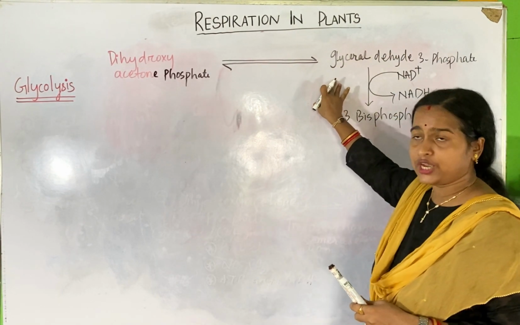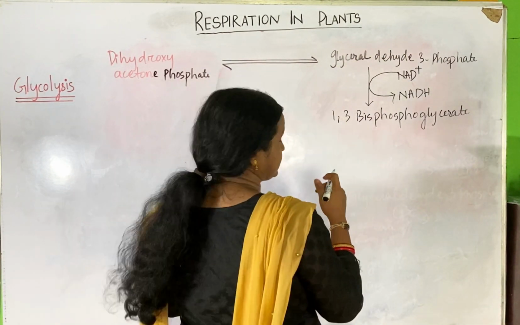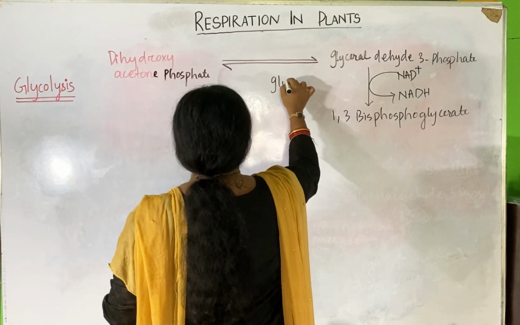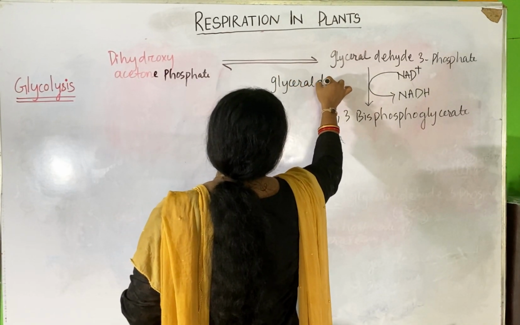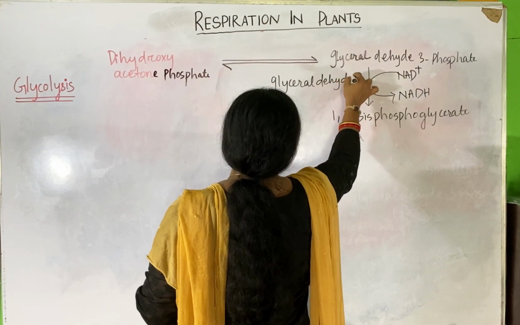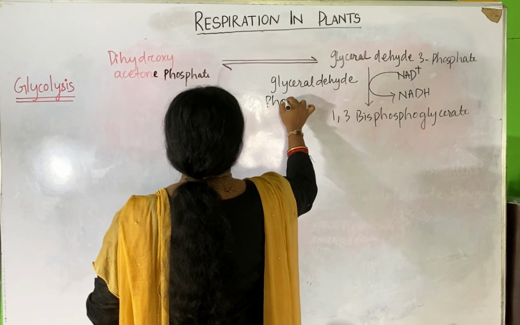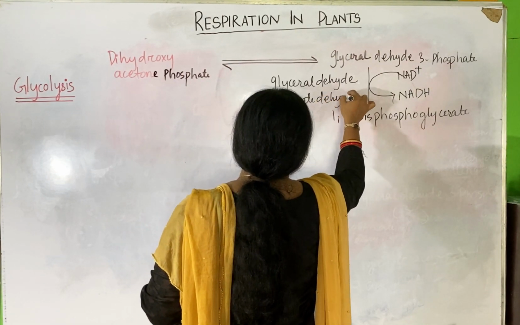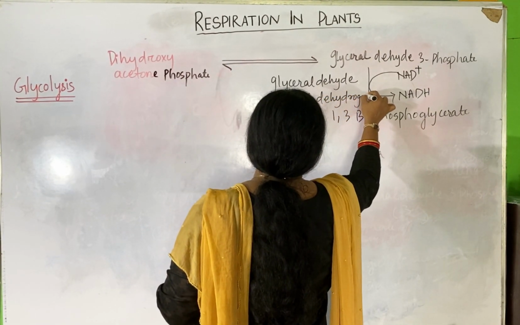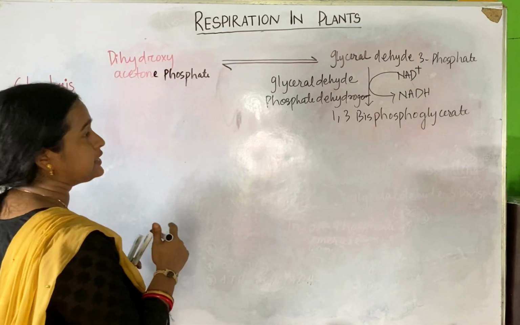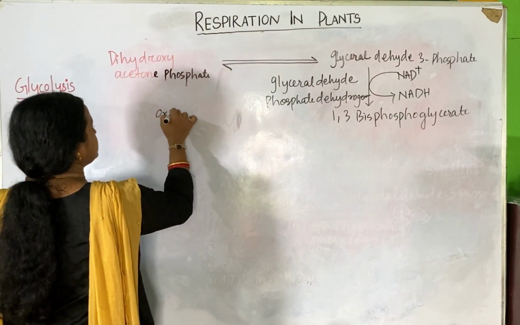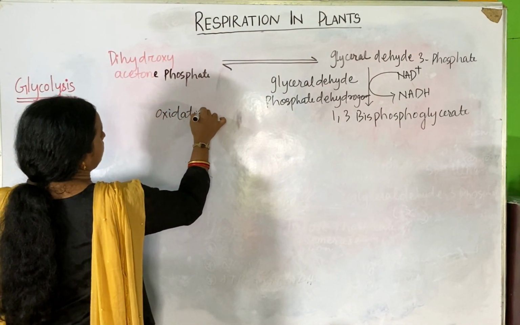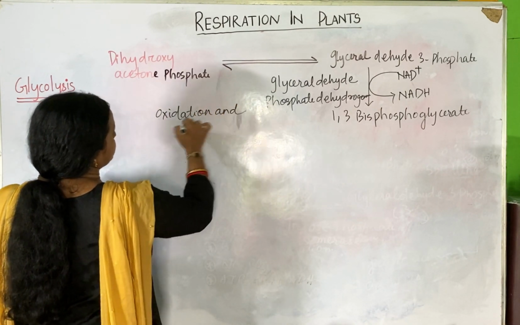And the enzyme that is required for this conversion is called glyceraldehyde phosphate dehydrogenase, and the reaction is called oxidation and phosphorylation.